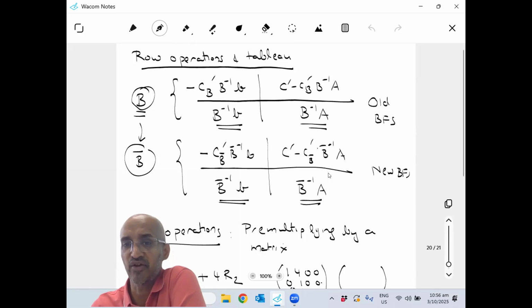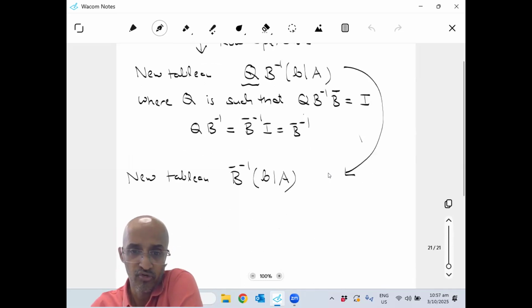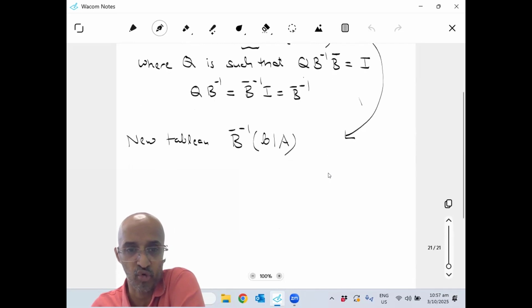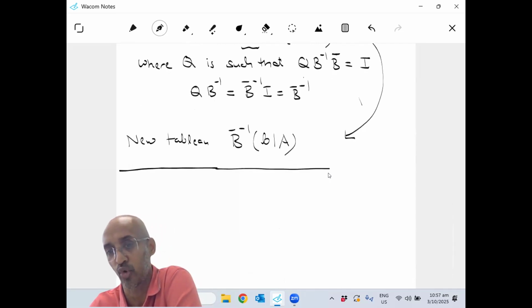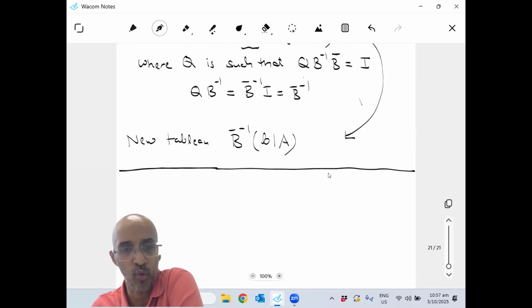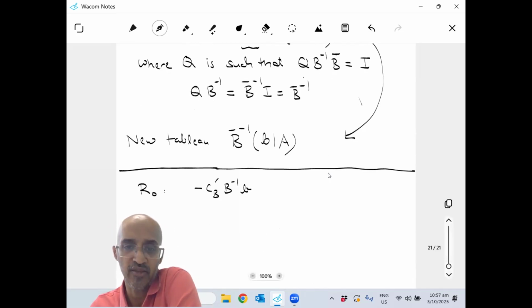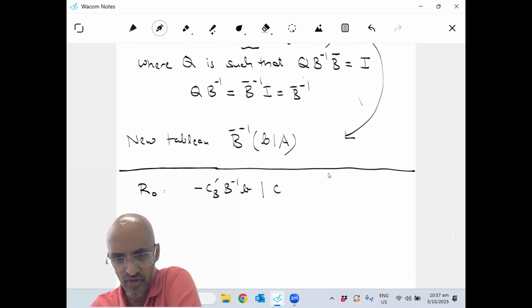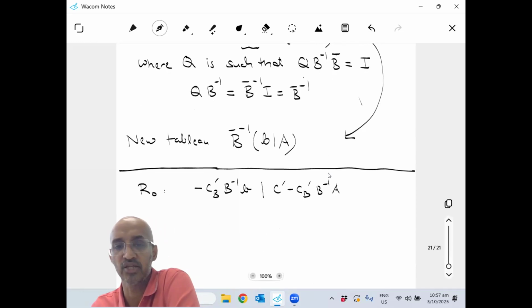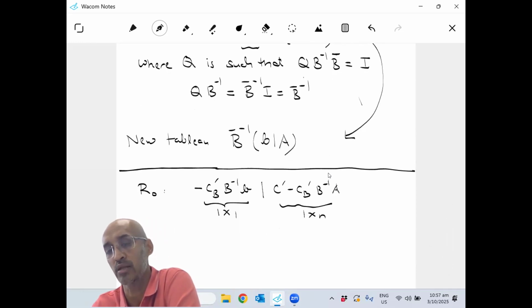So this part we have discussed. Let's now talk about the top row and why the changes are happening appropriately. What's the top row keeping? This is for row 1 up to row m. For row 0, the top row, it keeps track of minus CB transpose B inverse B and the reduced cost vector, which is C transpose minus CB transpose B inverse A. Remember that this is just a scalar, and this is a 1 into n vector.